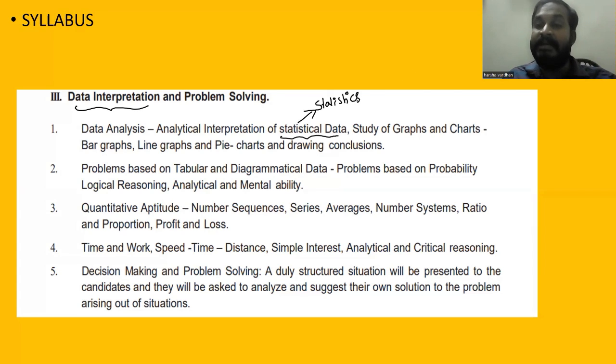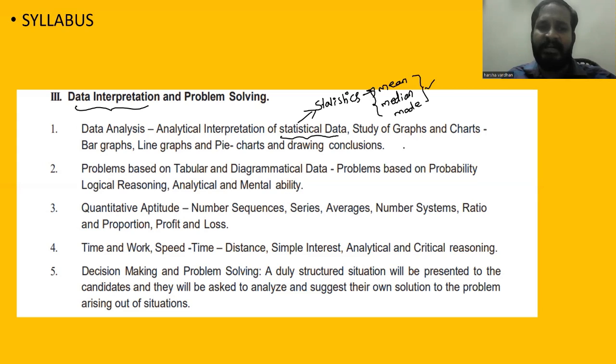Mean, median, mode will be there, right? Based on that, we will see these concepts. I will let you know where and how we will learn all those things.